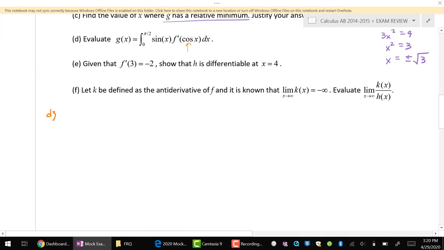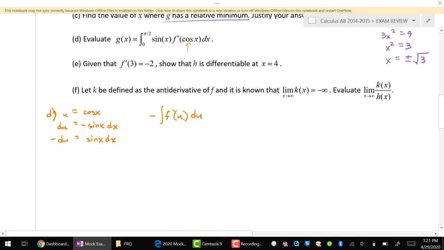D. Let u equal cosine. So du is negative sine, or negative du is sine of dx. So to complete the substitution, the integral will then become the integral of negative 1 du f prime of u.